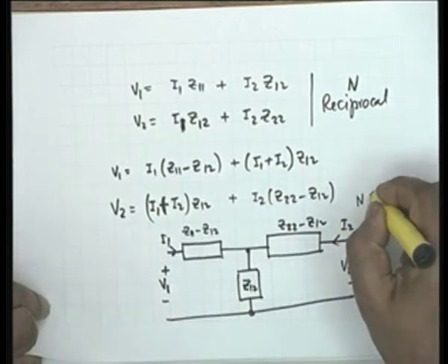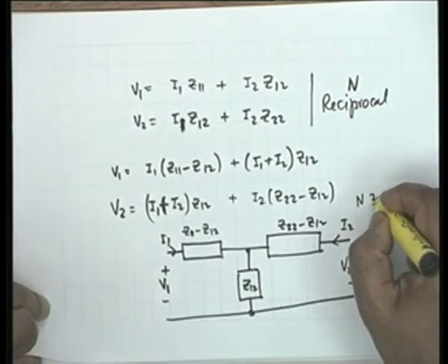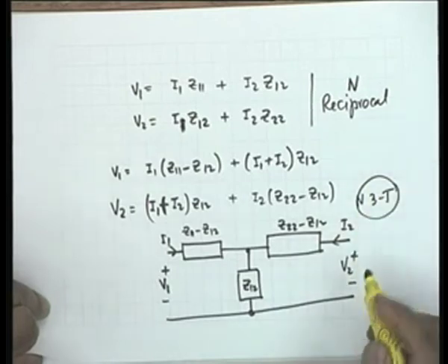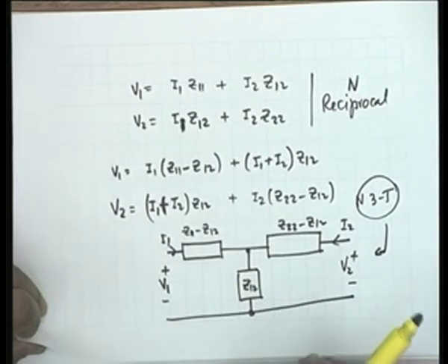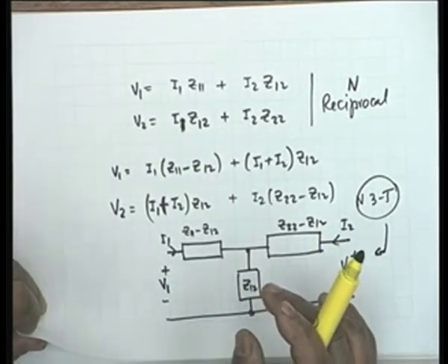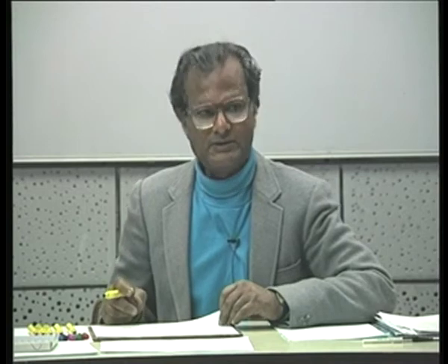If the network is 3 terminal, then this equivalent circuit would be a physical equivalent circuit also. Otherwise, if it is 4 terminal, then this equivalent circuit is only mathematically equivalent to the equations. This is a representation of the mathematical equations.